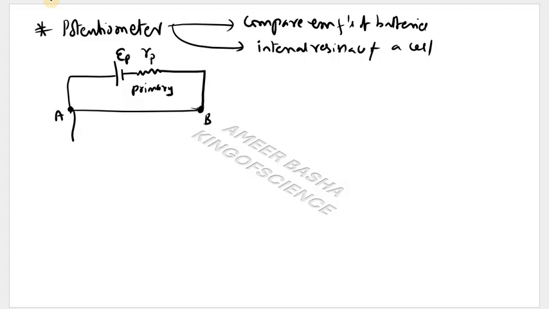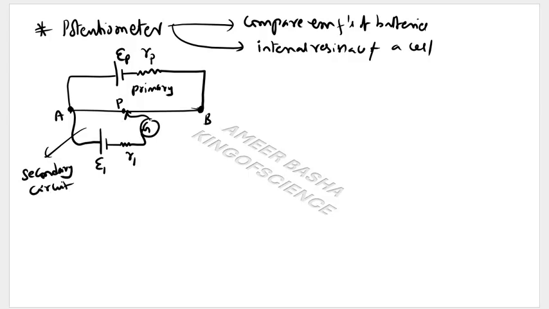Suppose here I am connecting a battery of some EMF, with the help of a galvanometer and a jockey. Let us call this E1, R1, and search for the null point. Let's say at point P I get the null point. This entire network is generally called the secondary circuit.